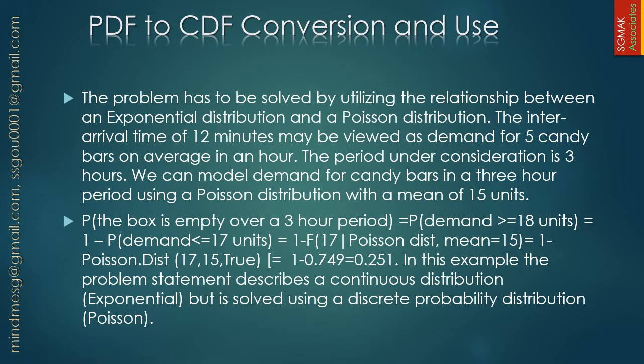In this example, the problem statement describes a continuous exponential distribution because you talk about time between demands following an exponential distribution. But the problem is solved using a Poisson distribution, which is a discrete probability distribution. So the probability a box of candy will be empty in a 3-hour period is 0.25.